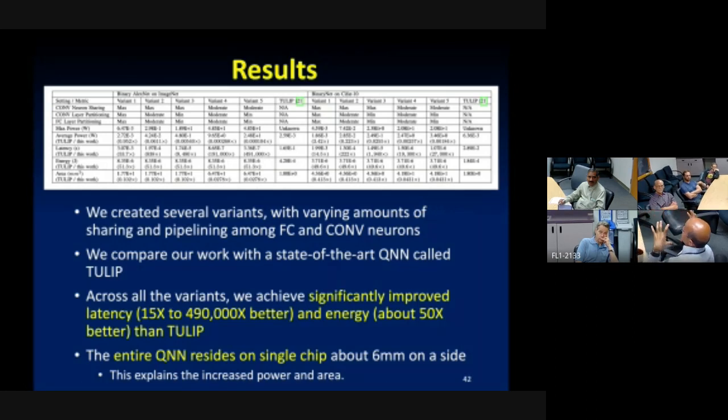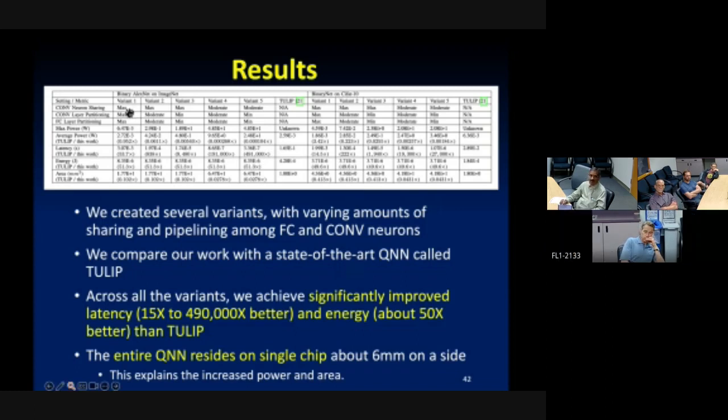It can do an entire deep neural net on a chip, which nobody can do so far, but it's high power. So to drop the power, we reduce the throughput. We force the throughput to reduce. And so we have these knobs that try out different variations of the sharing of neurons and sharing of layers and so on, and basically trade off power versus delay.